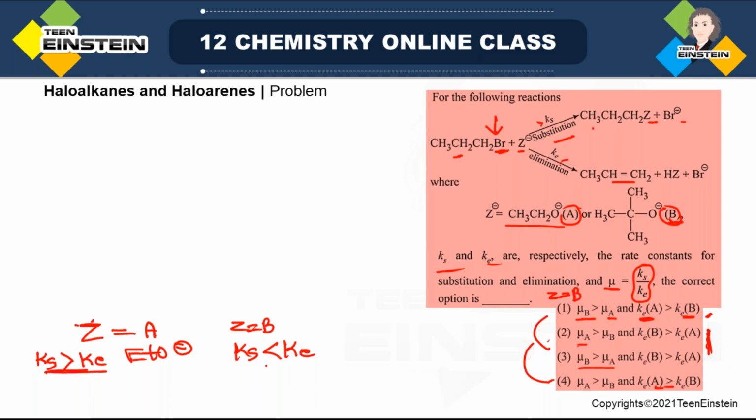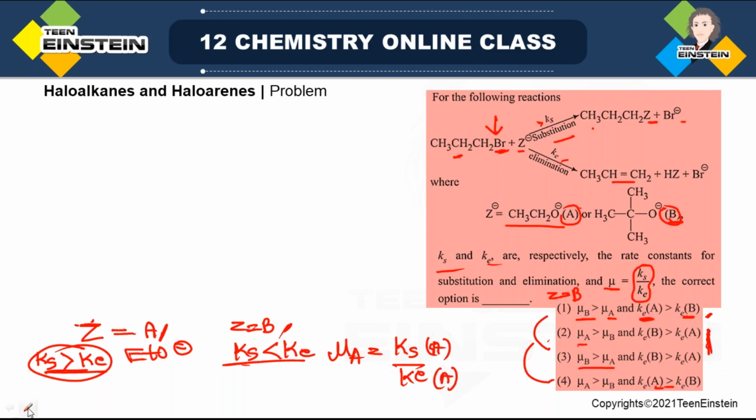Even if that is not exactly true, we can still say that when you are using a very simple base, the substitution reaction is favored, and here elimination is favored. So that is why this ratio, mu A and mu B. So mu A is equal to Ks by Ke for A.